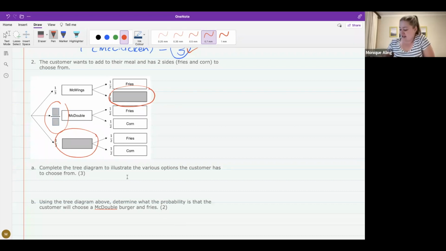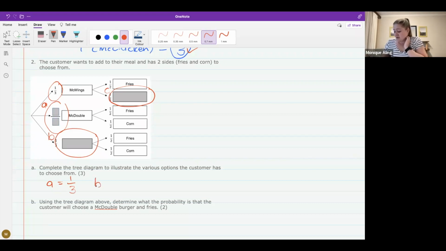So the first one is our fraction. So we can maybe say A, B, and C. What would we say A is? Good. 1 out of 3. Remember, we have 3 choices of meals. So wings is 1/3, the McDouble is 1/3.